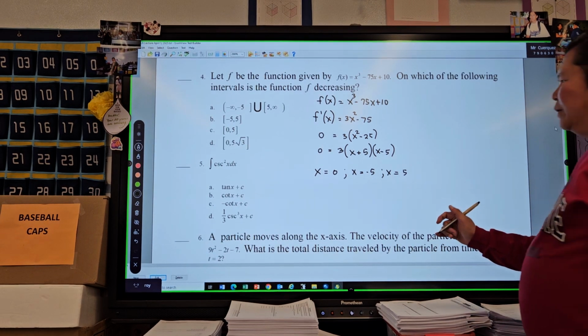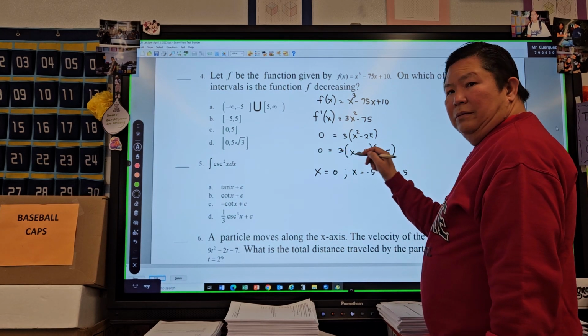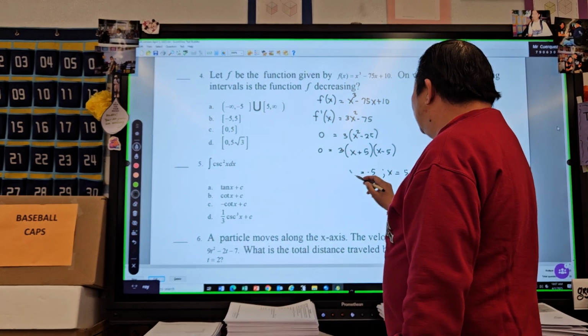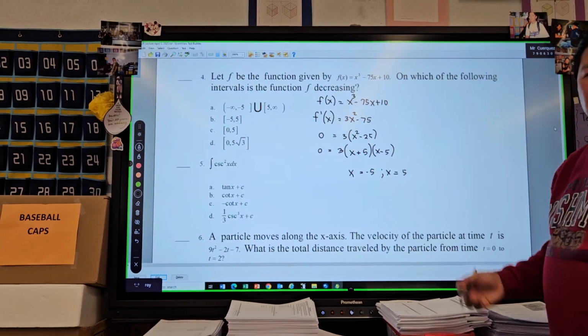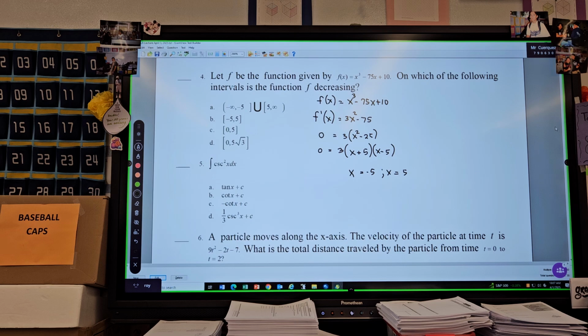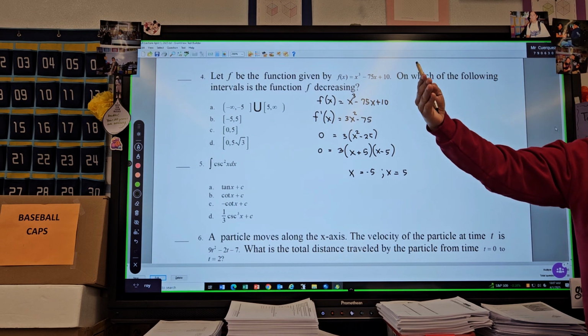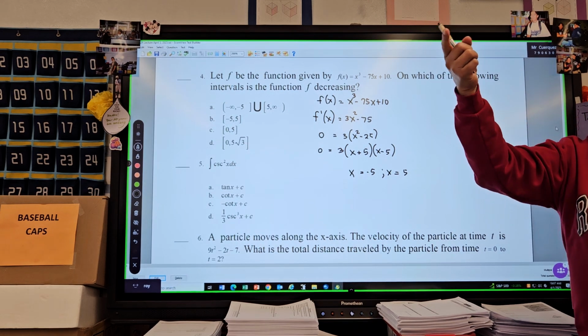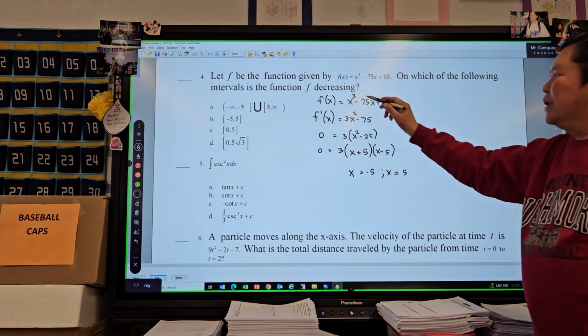We don't have to include 0 because there is no 0. So we just have this inclusive from negative 5 to positive 5. So therefore, if we do a number line right here, we're going to look into the behavior of the graph where the graph is decreasing. So you only have to look for the decreasing function.